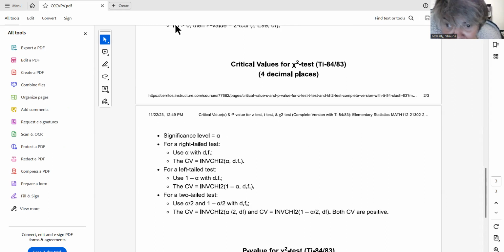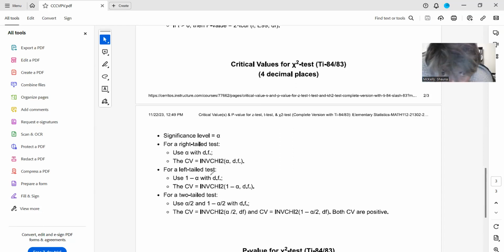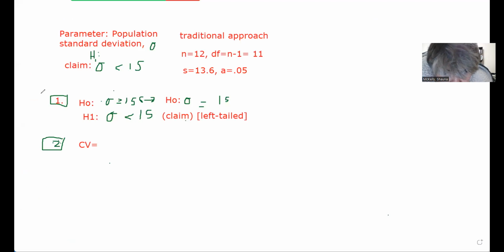So this is going to be equal to inverse chi squared, 1 minus alpha and df, like so, right?